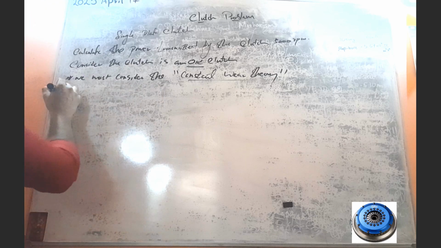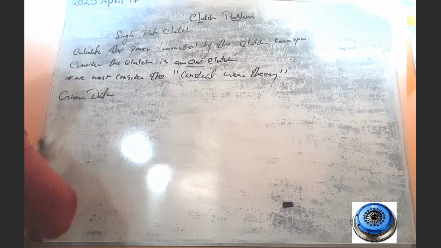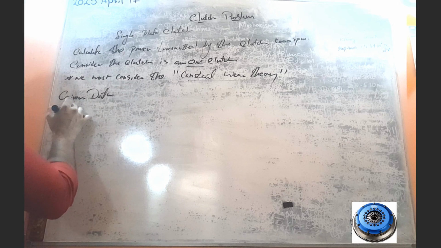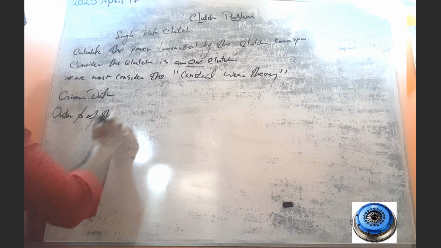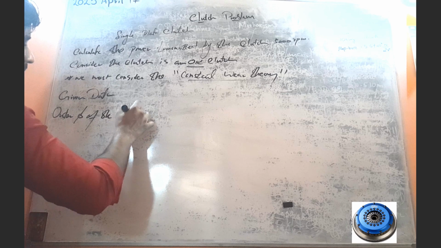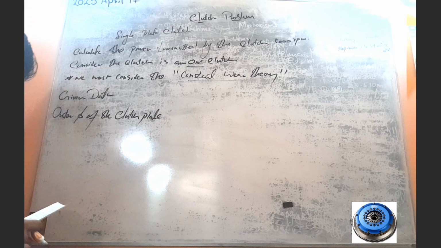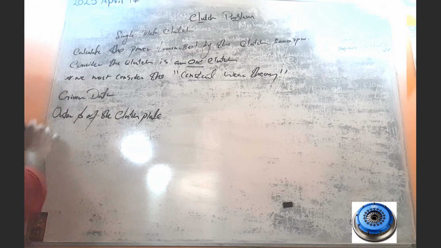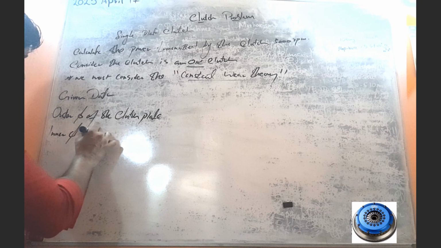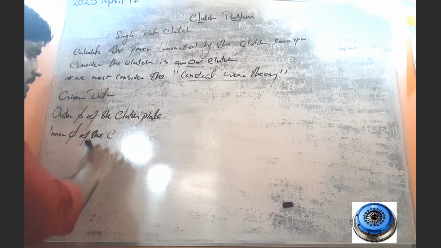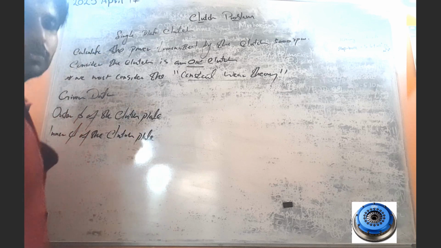And now these are the given data. Outer diameter of the clutch plate is given, then inner diameter of the clutch plate is also given.